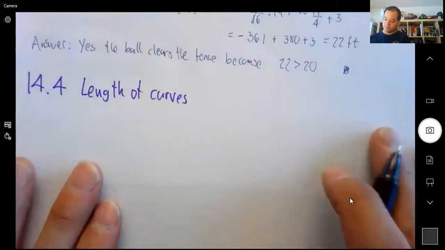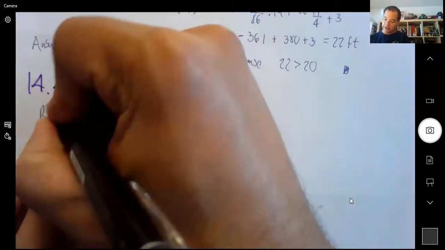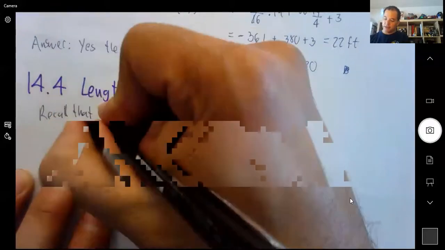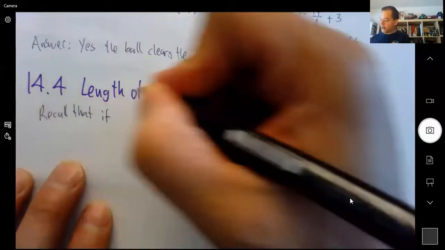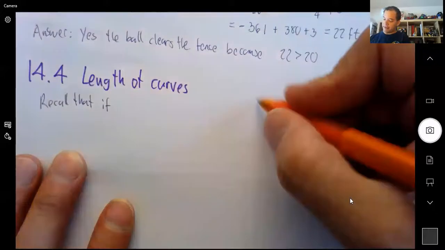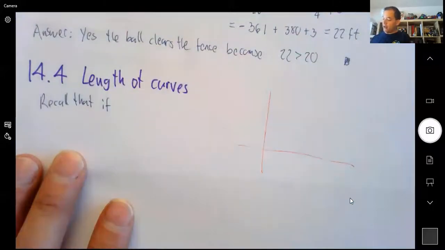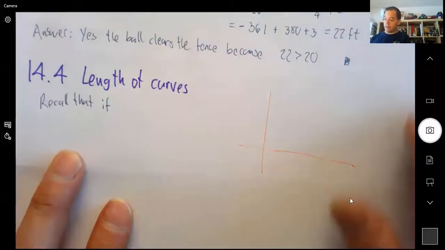So let me just recall that we already had done it for curves in the plane, and also with polar coordinates, if you remember that.